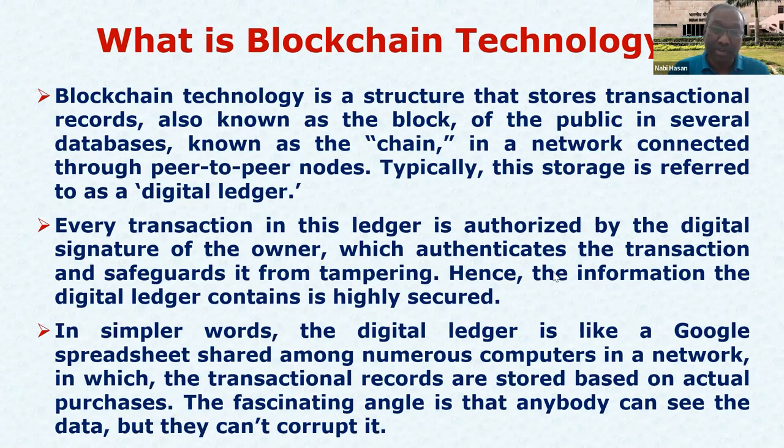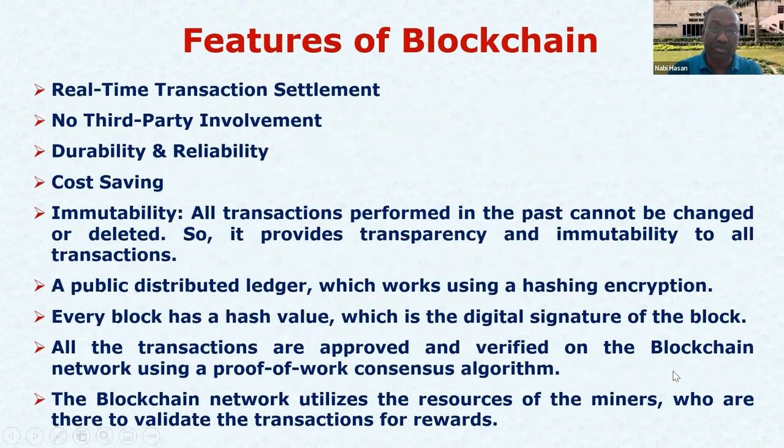In simpler words, the digital ledger is like a Google spreadsheet shared among numerous computers in a network, in which the transactional records are stored based on actual purchases. The fascinating angle is that anybody can see the data, but they can't corrupt it. That is basically the beauty of this blockchain technology.